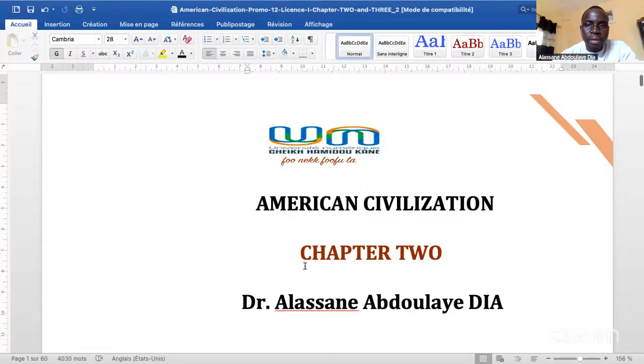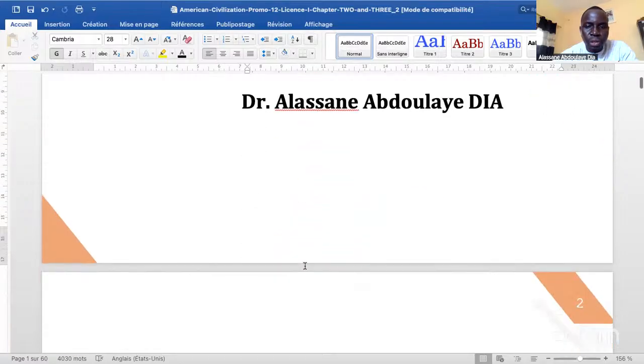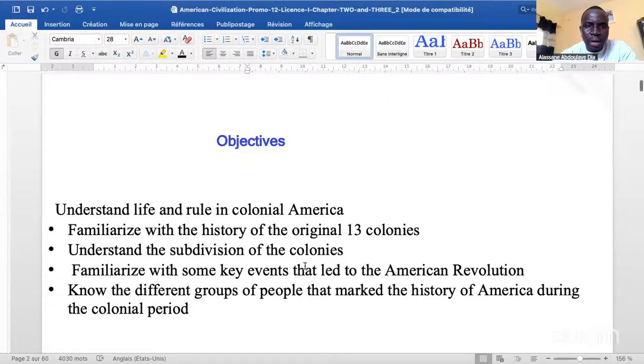This name came after independence. At the time of colonization, in the pre-Columbian and Columbian era, we simply talk about America to avoid confusion.